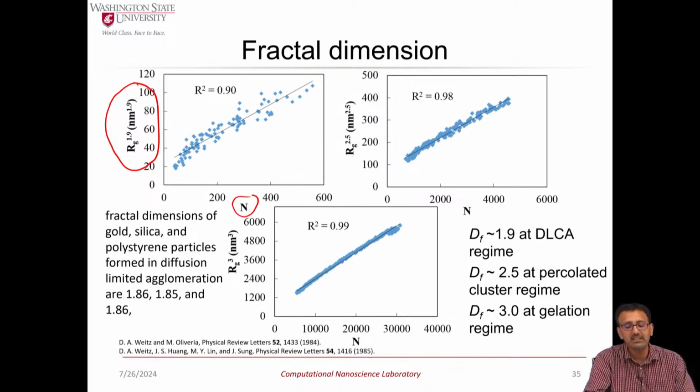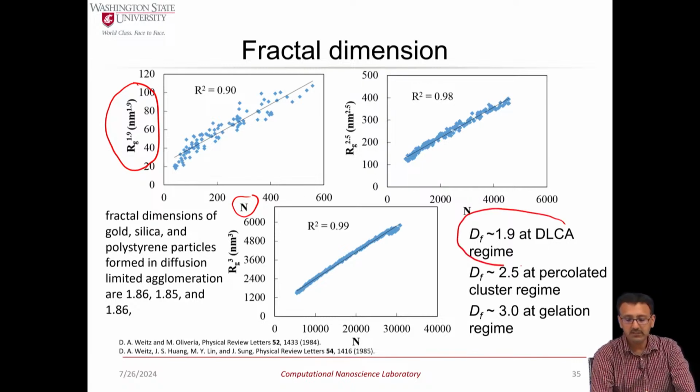So R square is 0.9. It's difficult to have a very good fit for this case, but 1.9 falls under DLCA. This has been observed for not just fullerene, but gold, silica, polystyrene particles that agglomerate. Typically in the DLCA regime, the measured fractal dimensions are between 1.5 and 1.9. So this is the DLCA regime, which is expected for our system.